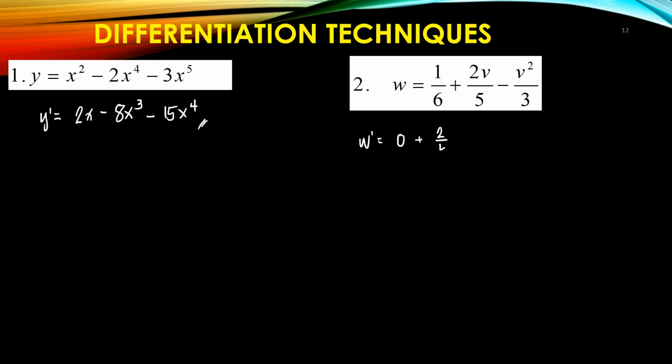So 2/5. What's the derivative of v with respect to v, guys? 1. Minus here 1/3. Bring it out. What's the derivative of v squared? 2v. Okay. So the answer is 2/5 minus 2v over 3. That's correct.